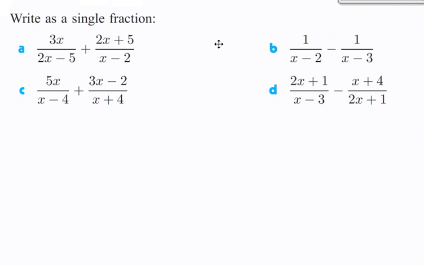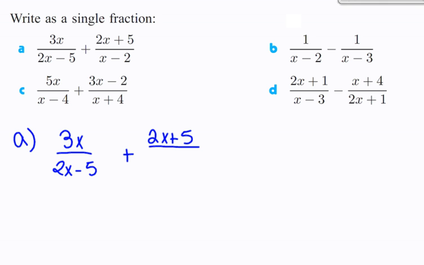Okay, several examples involving that. Let's look at letter A and letter B here. So for A, again, we need a common denominator. We can multiply by the denominator of the other fraction. So here we can multiply by x minus 2 over x minus 2.